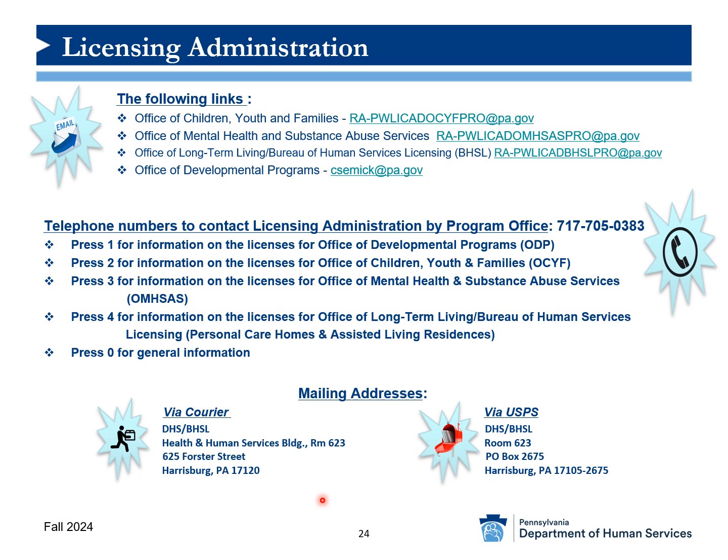Your check or money order should be made payable to either DHS or Commonwealth of PA. And that has to come hard copy because of the application fees involved. So it's the application fees for either the personal care home or application fees for an assisted living residence. But these are the mailing addresses for the Bureau of Human Services Licensing.